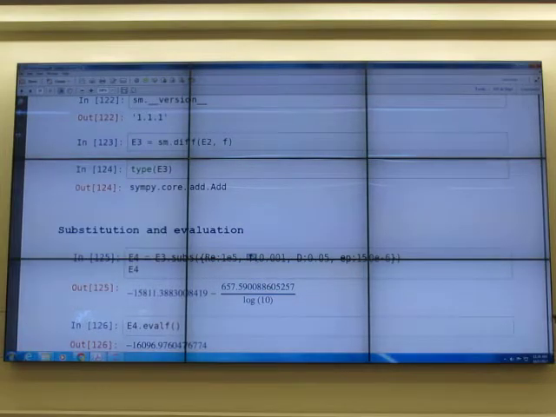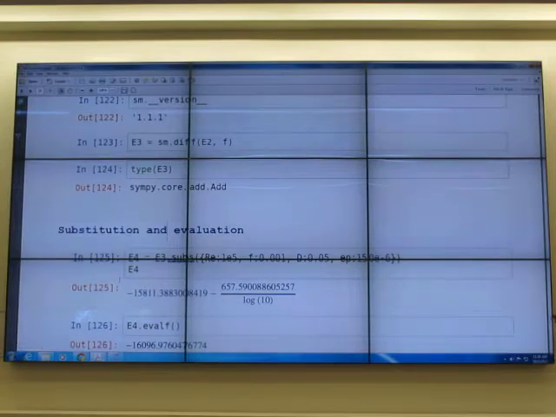Okay, variable name colon variable value, key and value pair. I give the dictionary and use .subs. This way it substitutes the value for you.